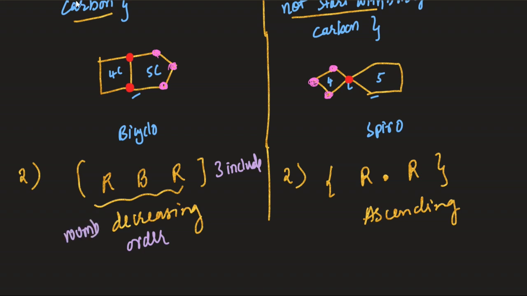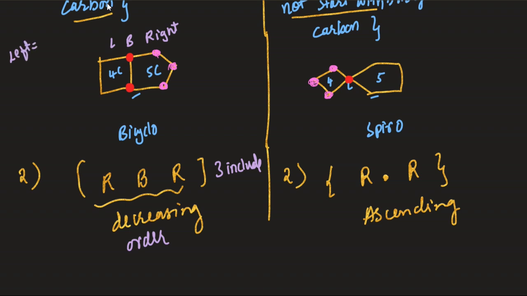Just let me explain. See, the order should be decreasing. For example, in this ring, I'm writing here left ring, bridge, and right ring. So you answer me. Left ring has a total of how many carbons?